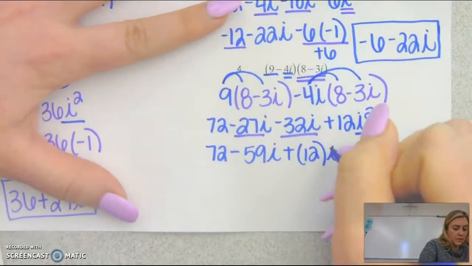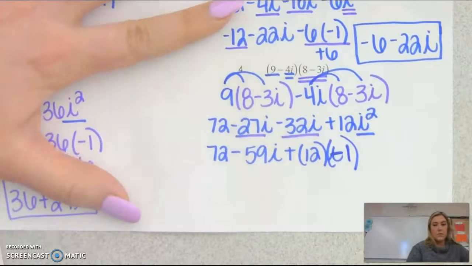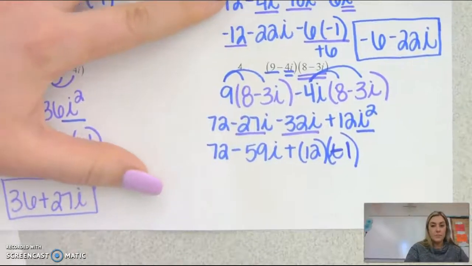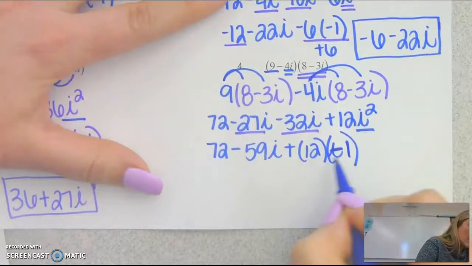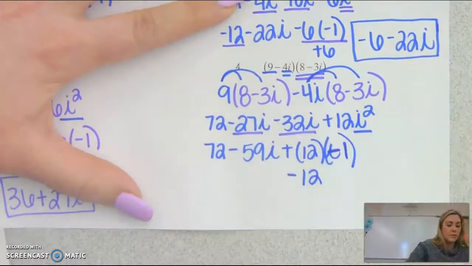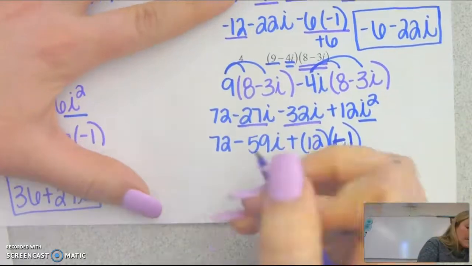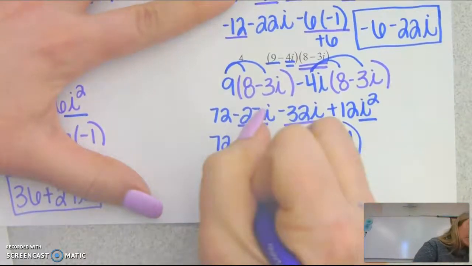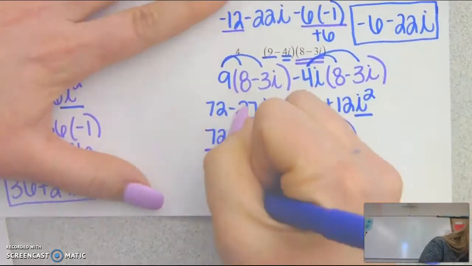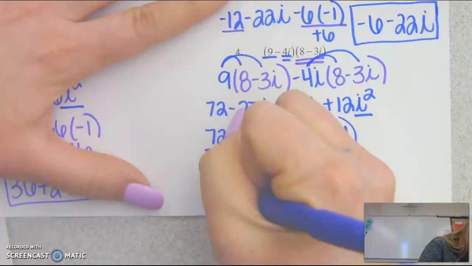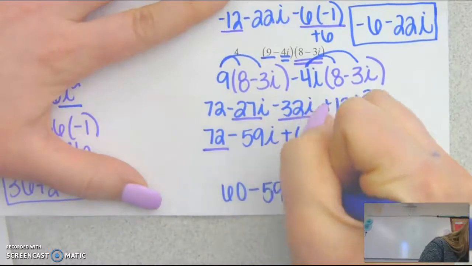Sorry, this turns into negative 1. So 12 times negative 1 is just negative 12. And then we're going to combine terms. So 72 minus 12 is 60. And then minus 59i.